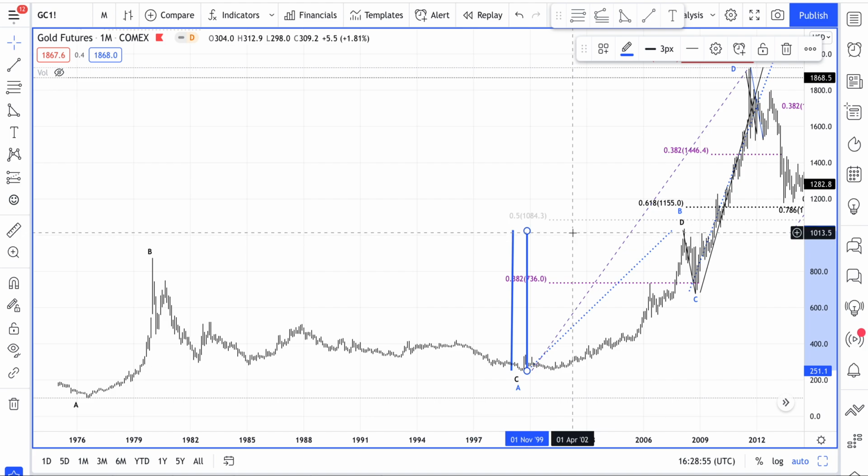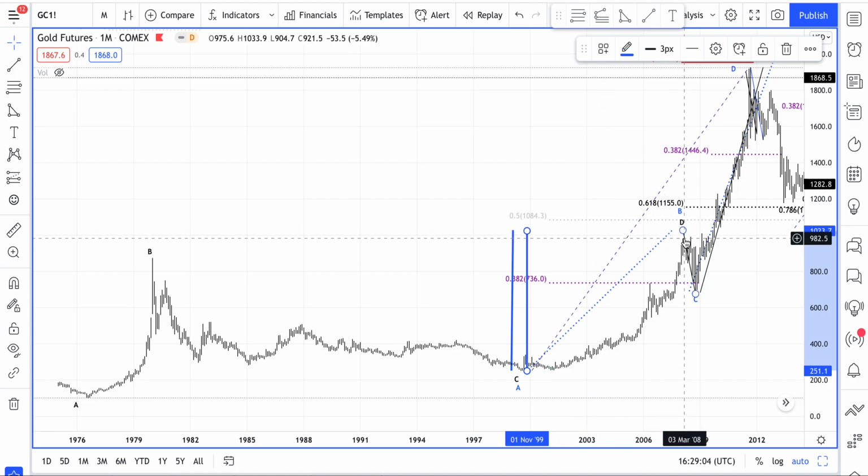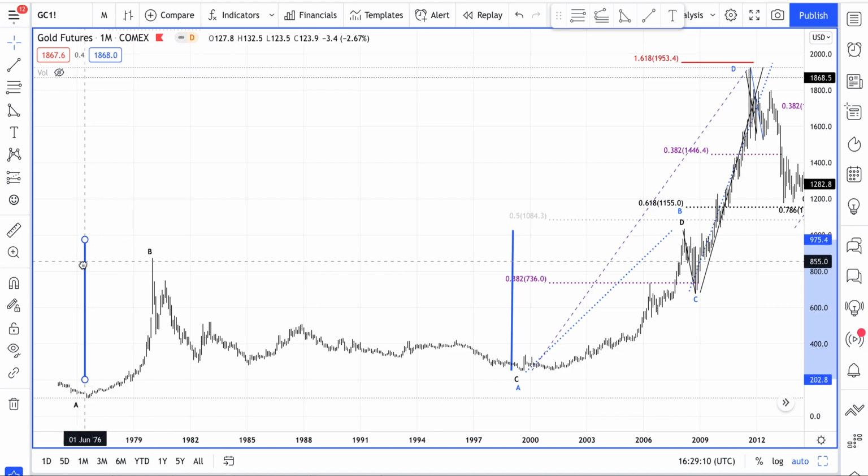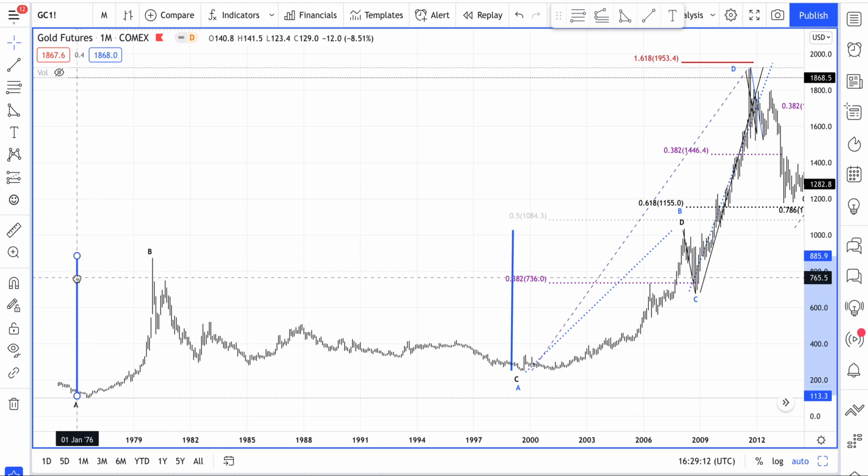We reach a point which is around 1034, and that is the high which was reached in March 2008, when the financial crisis was ongoing.